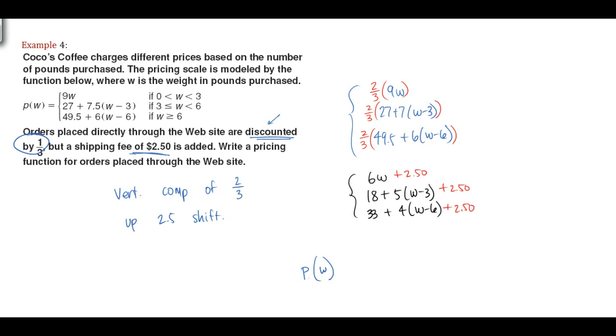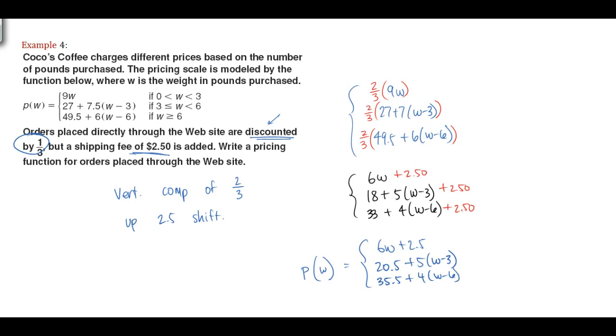Pricing for online then is 6W plus 2.5. For the next one, if you add 18 and the 2.5, you should get 20.5 plus 5W minus 3. And last but not least, 35.5 plus 4 times the W minus 6.